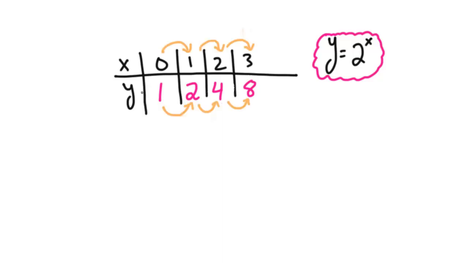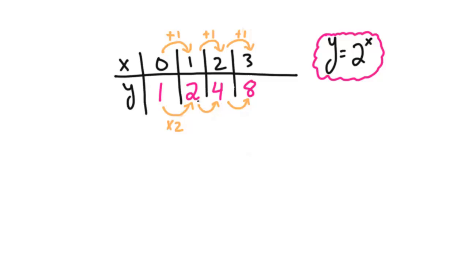To check to see if the t-table represents an exponential function or not, you look at this characteristic. Look at the x values. If you increase the x value by 1 each time, look at what happened to the y values. You go from 1 to 2, so you have to multiply it by 2 to go from the first number 1 to get to 2.